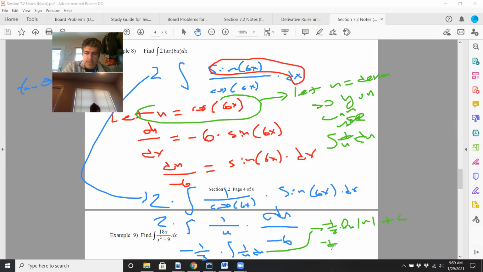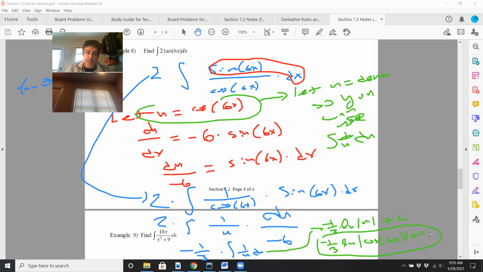So negative 1/3 times natural log of cos 6x, and you could take the derivative of that afterwards if you want to check if you did this right, plus c. And that's negative 1/3, by the way. That's a little messy to see. And that's what we got.